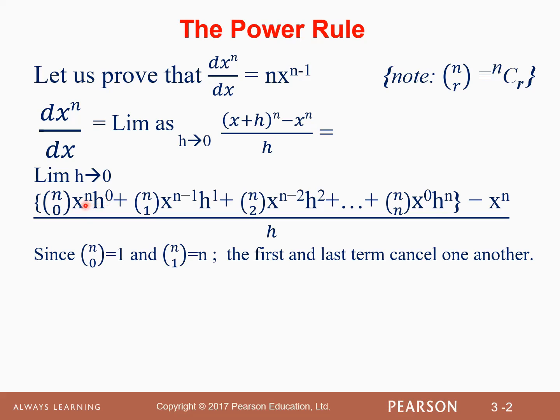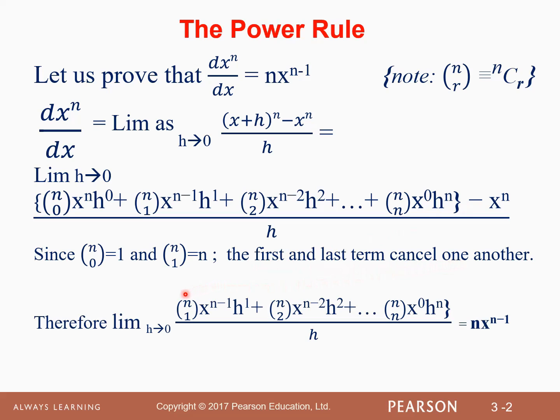So we have x to the power n, and the last term is negative x to the power n. So x to the power n minus x to the power n cancel each other. That's why we said the first and the last term cancel one another.